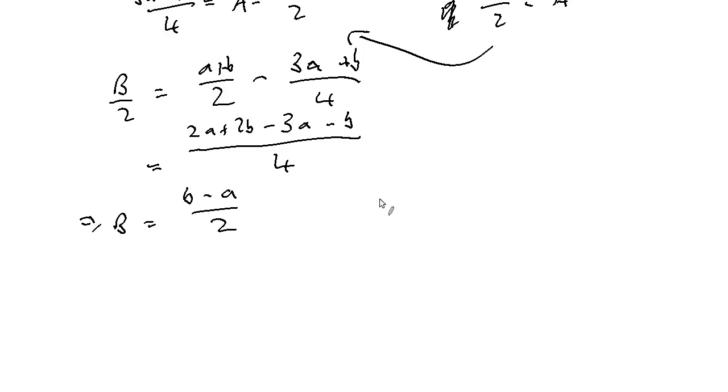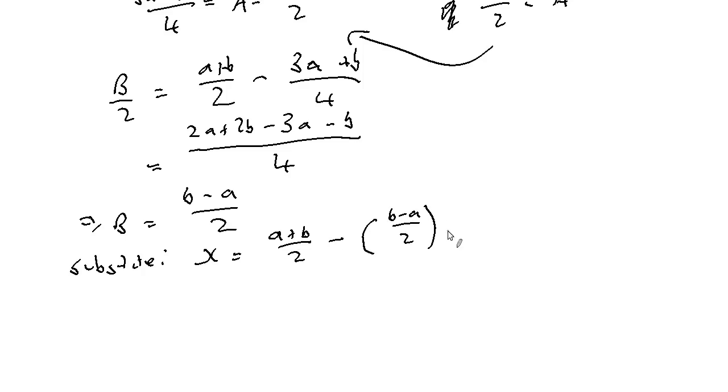So our substitution is going to be x equals (a plus b) over 2 minus ((b minus a) over 2) cos theta, okay?